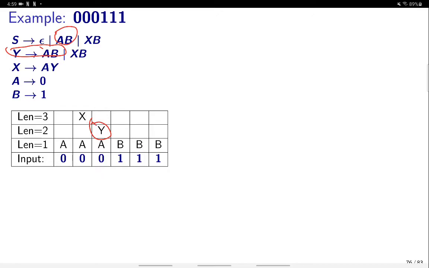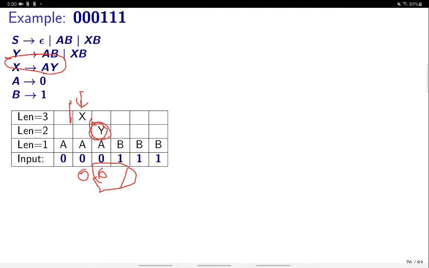Now we want to derive strings of length 3. That's the next iteration. We look at the string that starts in this position, so this is the string 0, 0, 1. We already know that Y can derive 0, 1, and X has a rule that goes to AY.